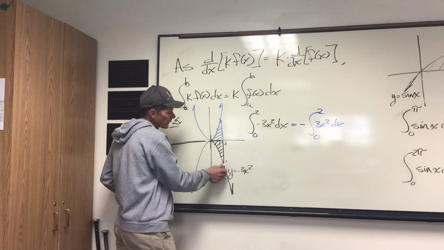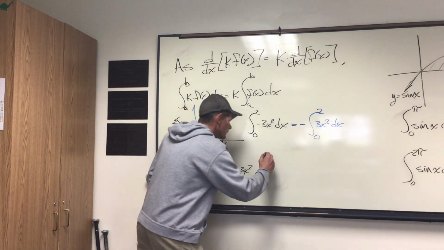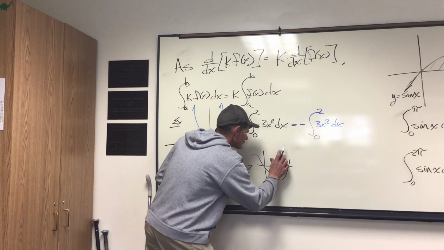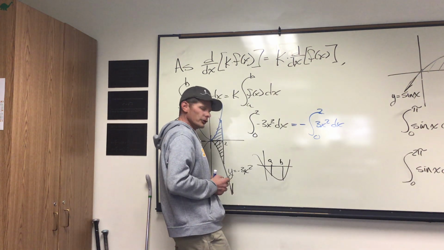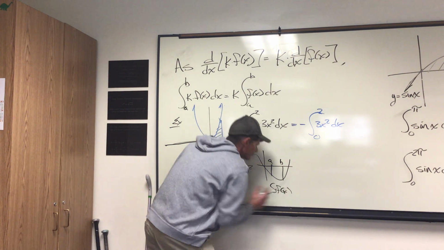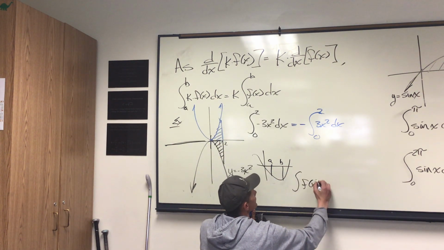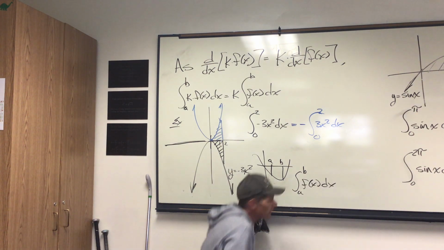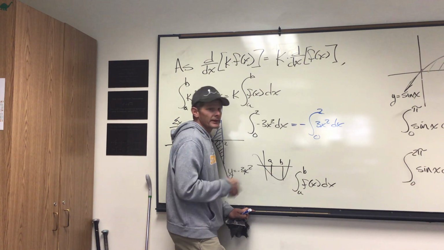Okay, so my point being is that if your integral is negative from a to b, and you take the integral of this function f of x, the integral of f of x dx from a to b, you are going to get a negative number, but it's going to be the magnitude of that area multiplied by a negative number.